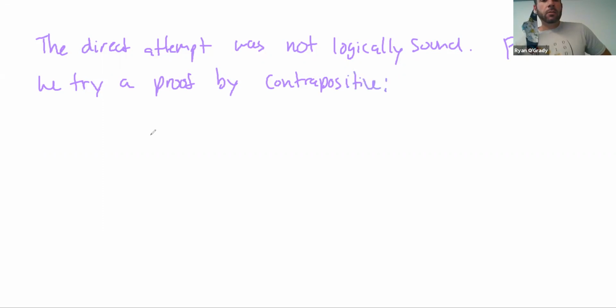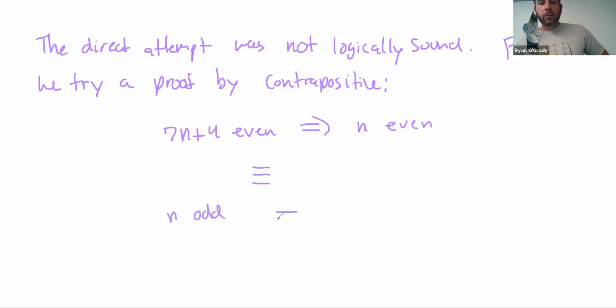That means proving that 7n plus 4 even implies n even. That is logically equivalent to, or as we say, logically the same as, n odd implies 7n plus 4 odd, which we know to be an easier thing to prove. At least experience tells us that.